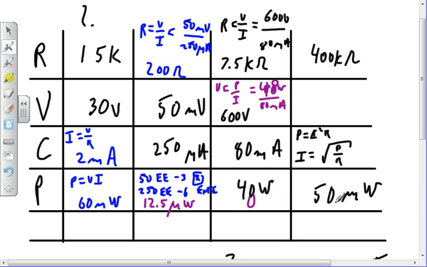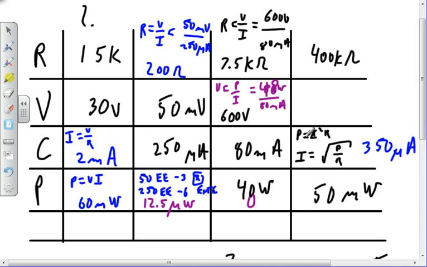353. Well, it can't be 353. We'll go with 350 microamps, because I don't have 3 significant digits, so I couldn't keep any more than 2.